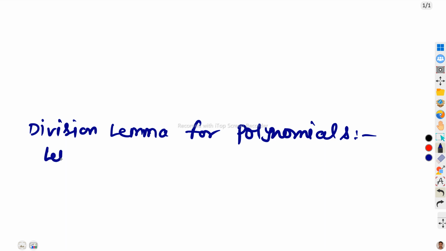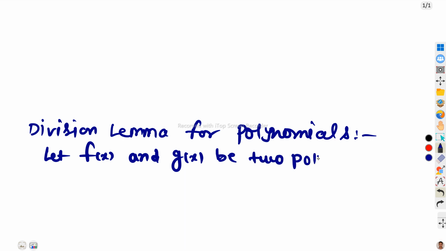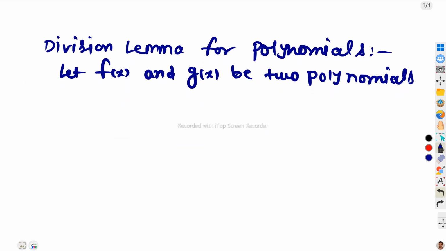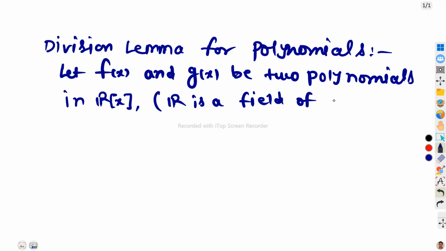Let f(x) and g(x) be two polynomials in R[x]. What is R? R is the field of real numbers.